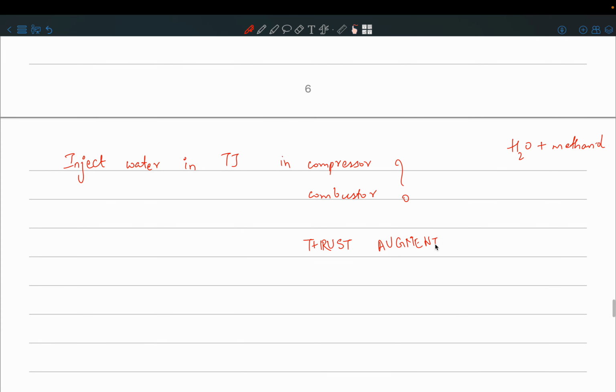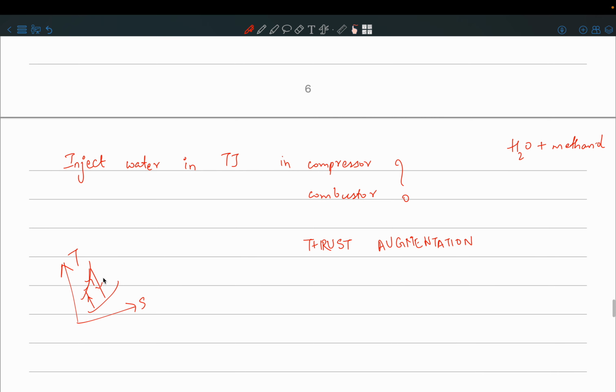Okay, so I'll do one thing. I'll end the session right now, and I will explain this concept in the next session, and maybe you guys can think about it. Think in terms of how the thrust will change, why the thrust will change, and also go back to your TS diagrams. You have these TS diagrams where you have basically the Brayton cycle, right?